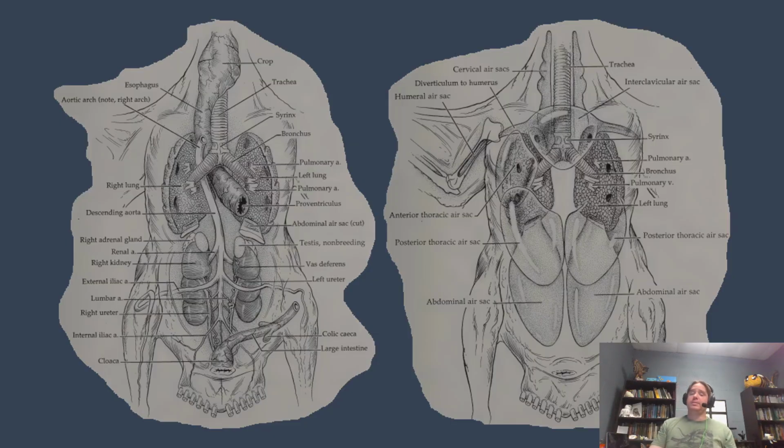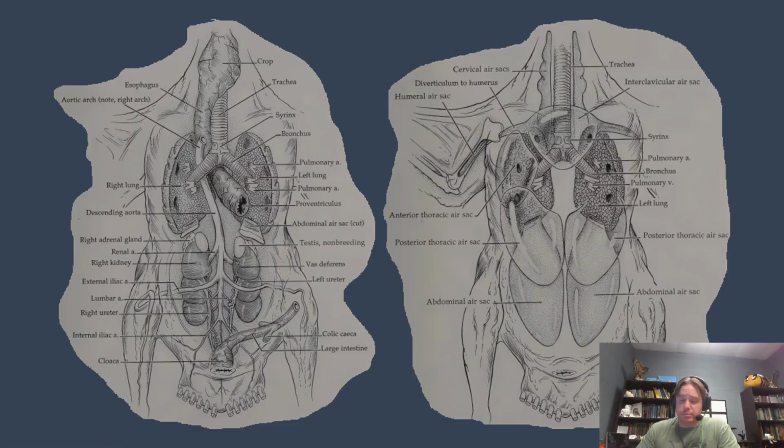Instead, birds have an intricate series of air sacs throughout their body, and this diagram shows the major air sacs. You've got the cervical, I'll just point at them here, the cervical, interclavicular, the anterior thoracic, posterior thoracic, and abdominal air sacs.